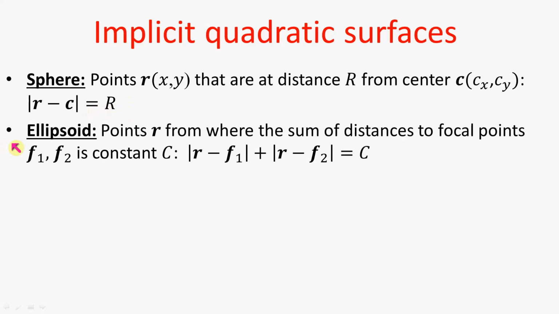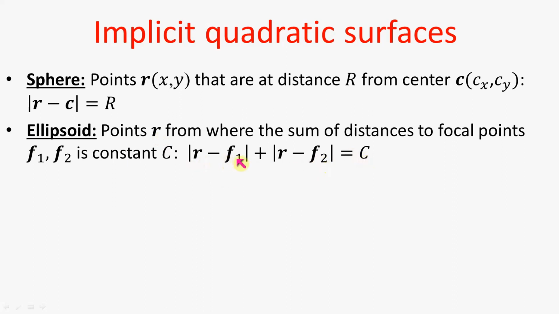Our second example is the ellipsoid. The geometric definition is the following. So we consider those points R as points of the ellipsoid for which the sum of the distances from two focal points f1 and f2 is equal to a constant c.